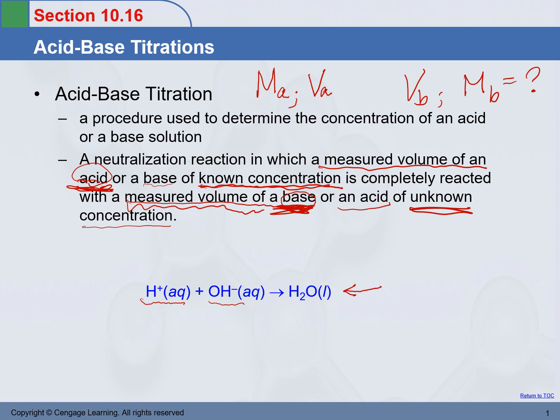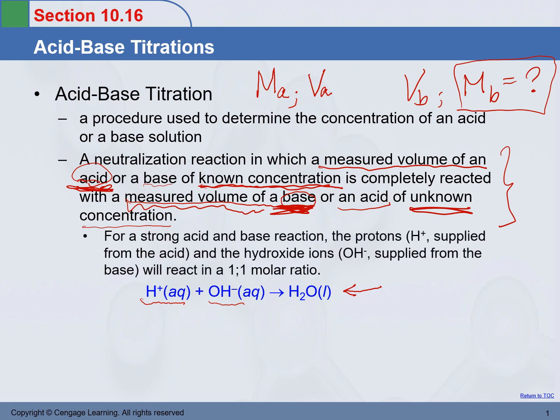So basically, so far, those are the information we know from the description here. With this titration technique or procedure, these are the information that we have, and that is the concentration we're trying to figure out. How? With this information we have, how can we get the concentration of the base? So let's move on again.